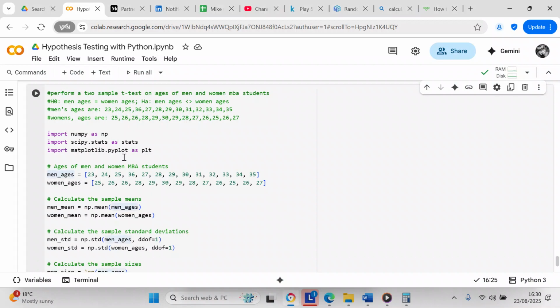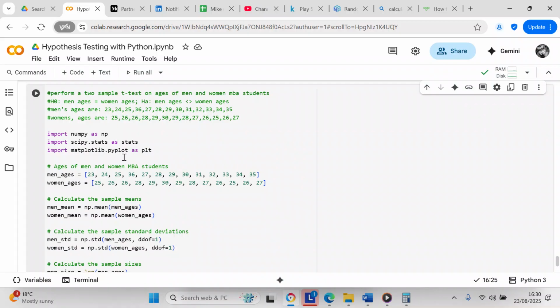We're going to define the ages of men and women, which I've already told you about a minute ago. Then we calculate the means: men's mean equals np.mean of men's ages, and women's mean equals np.mean of women's ages.